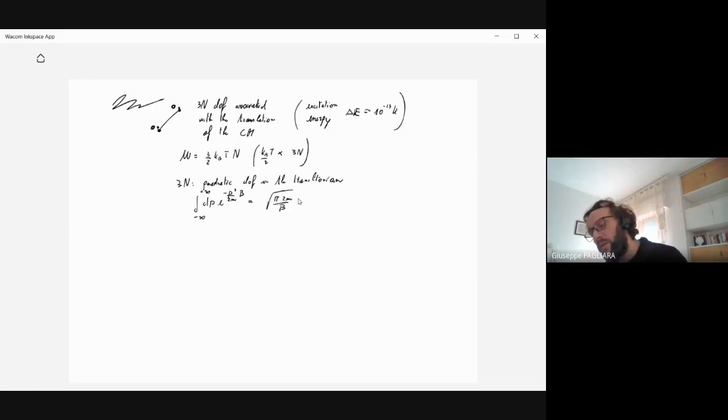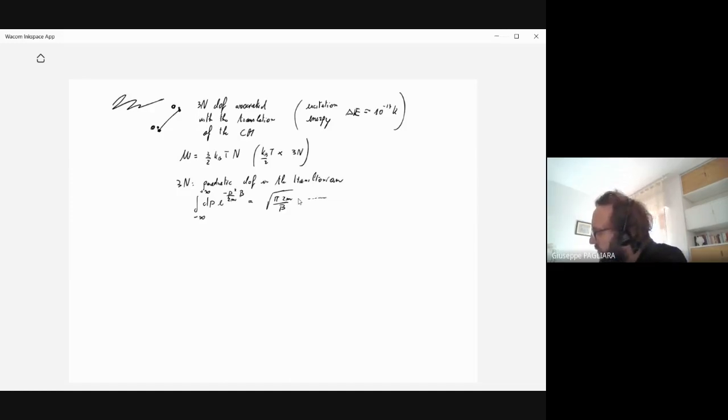And actually it's from this square root of beta that at the end we find the 1/2 kBT, because when I take the log of this, I get 1/2 log of 1 over beta, and if I take minus the derivative with respect to beta, I get exactly kBT half, okay?